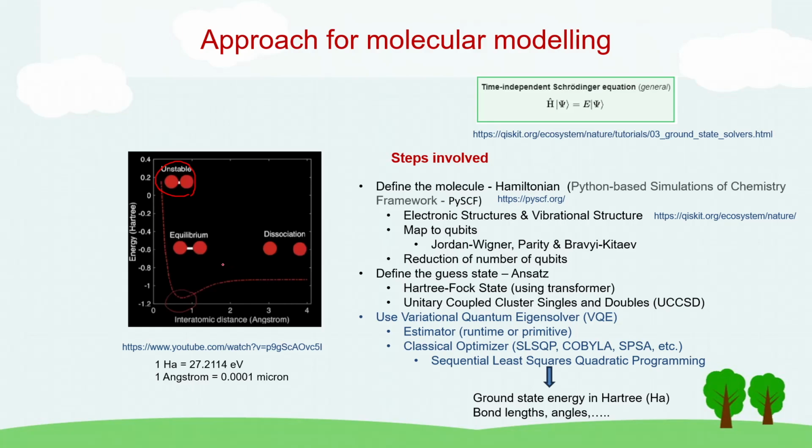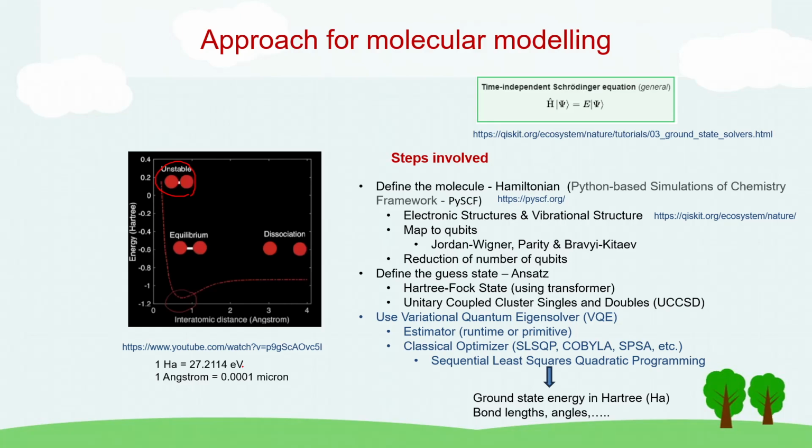Okay, the energy is in general measured in the unit called Hartree, and the distance is measured in angstrom. So what is a Hartree? It's approximately 27.2 electron volt. So what does it mean?